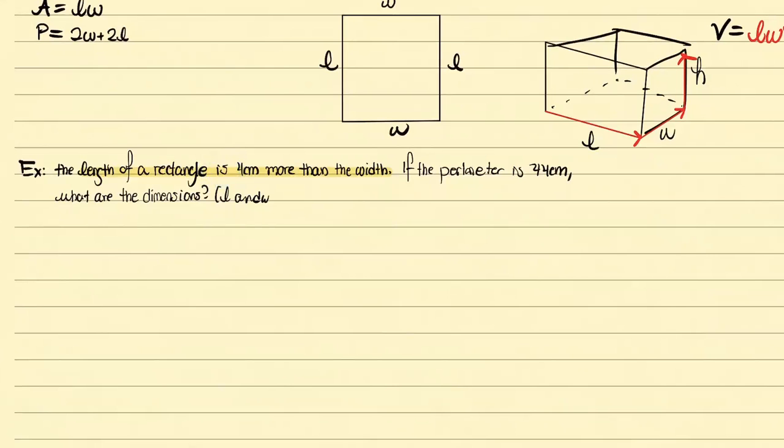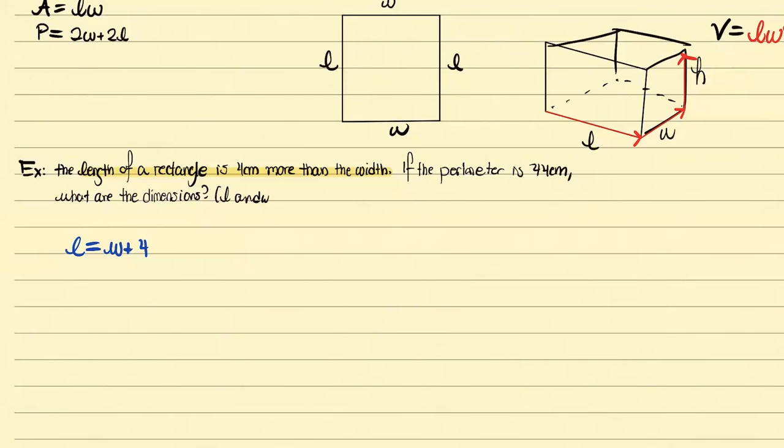So length is, and now it's describing some relation between 4 centimeters and the width. And it says it's 4 centimeters more than the width. So whatever width is, it has to be 4 centimeters more. That's how we interpret this statement. The length of a rectangle is 4 centimeters more than the width.